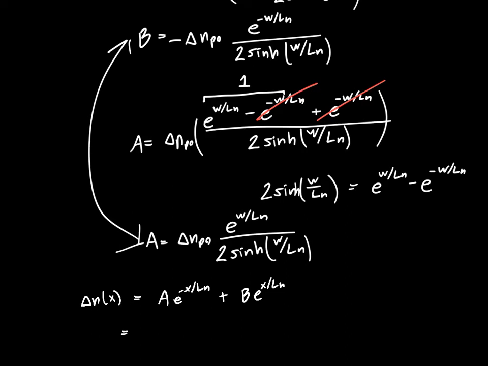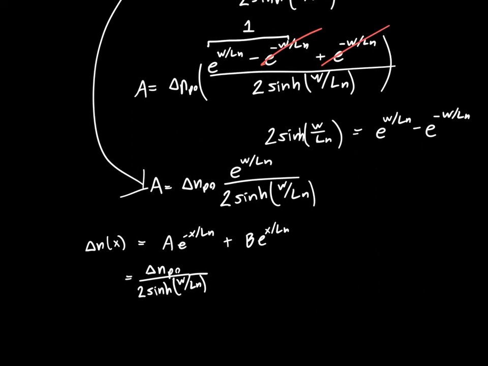So that's a is just equal to, and I'm going to pull out the delta np naught over 2 sinh w over ln from everything because that's a common factor. And we're left with e to the w over ln times e to the minus x over ln plus e to the minus w over ln e to the x over ln.